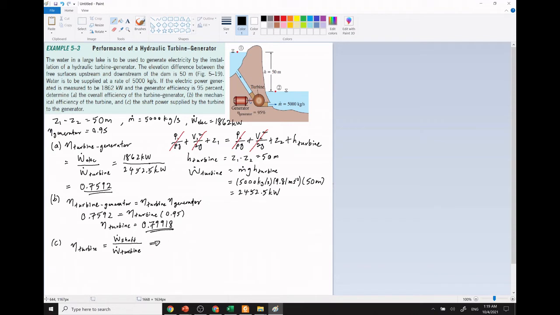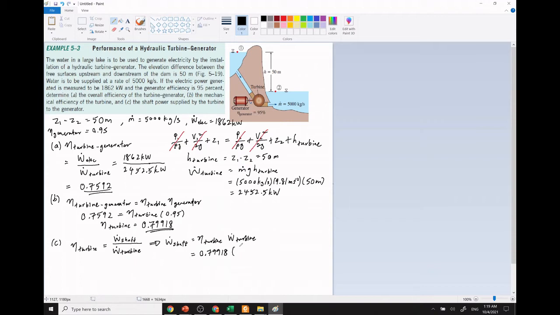So if you want to find the shaft power, we take the efficiency of the turbine multiplied with the power of the turbine, which is efficiency of the turbine 0.79918 multiplied by the power of the turbine.